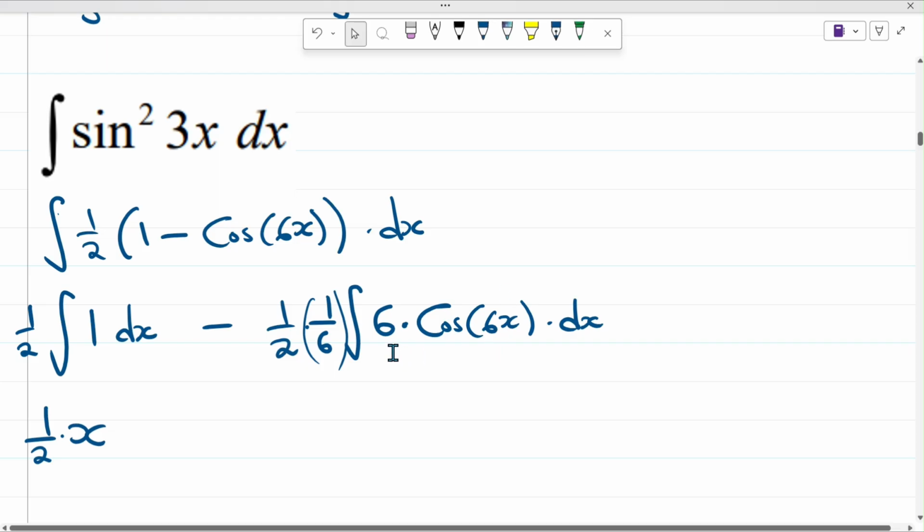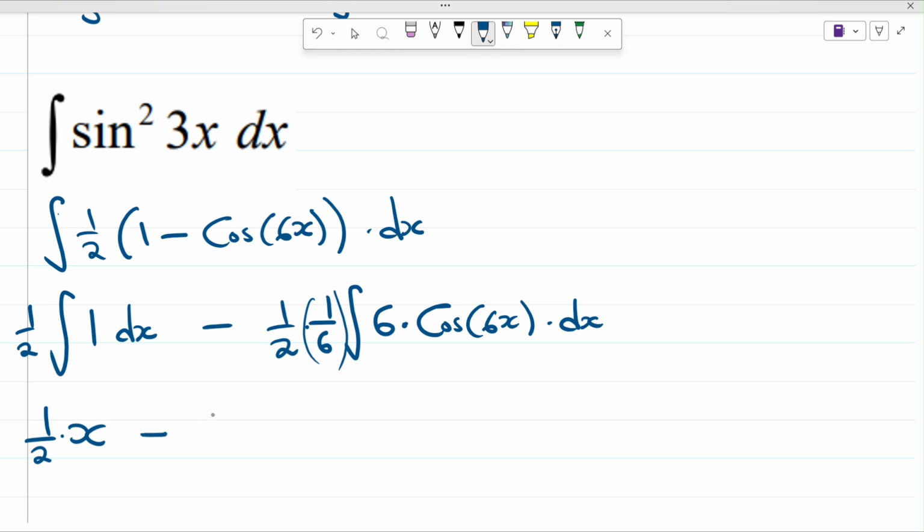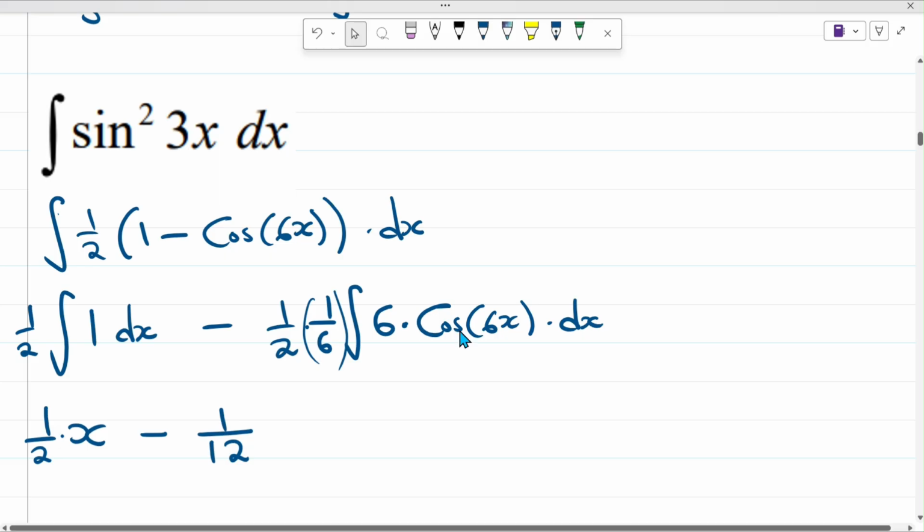So here I'm going to multiply by 1 over 6. And now, if I have the derivative of the argument alongside this trig function, I can ask myself, what is it that was differentiated for me to get this positive cos? It's positive sine, right? So I'm just going to take whatever constants I have outside my integral to my answer. So I'm going to get minus 1 over 12, which is 2 times 6.